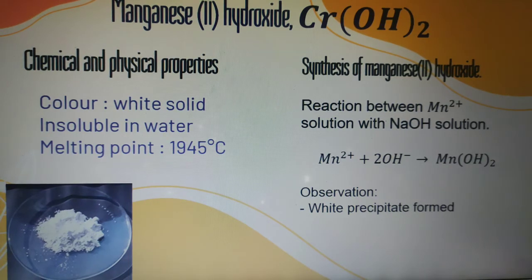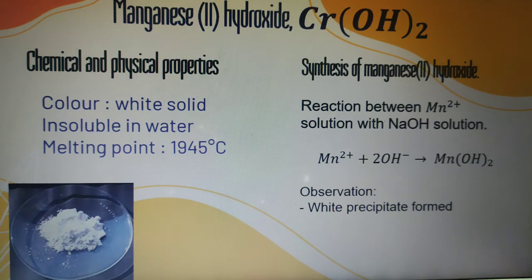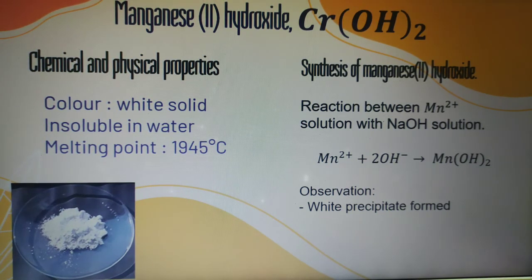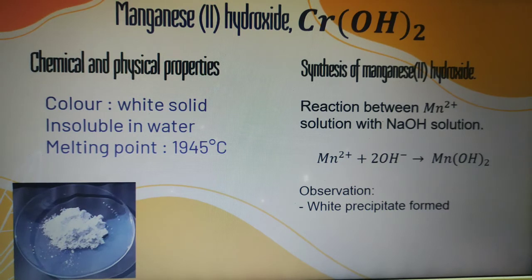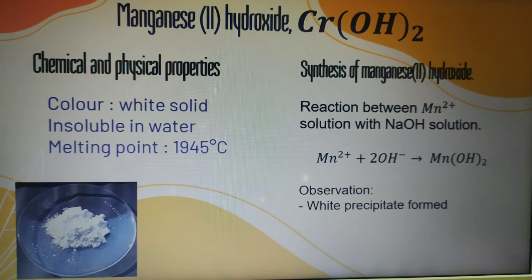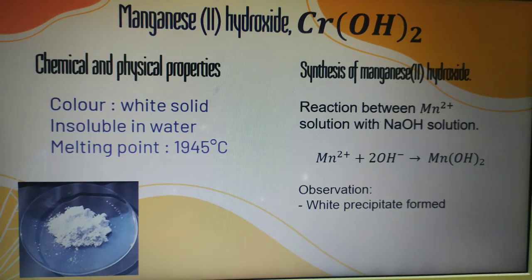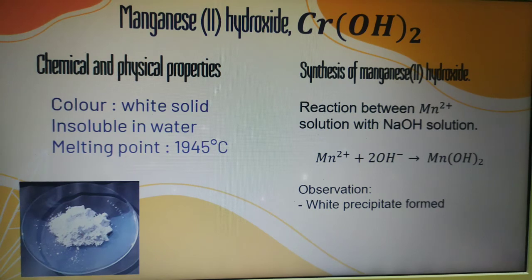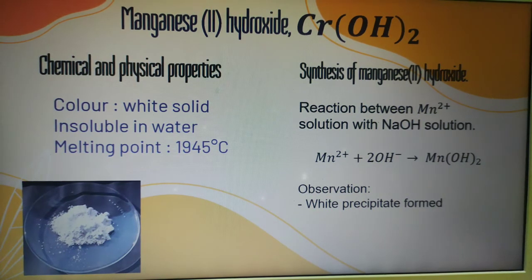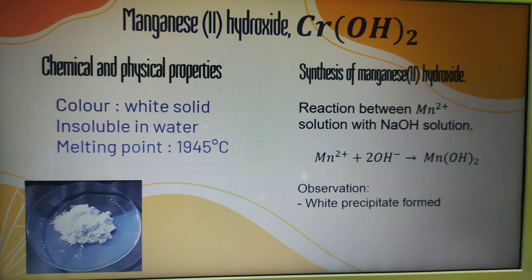In order to produce manganese 2 hydroxide, we need to react a manganese ion solution with sodium hydroxide. In this experiment, we can find that a white precipitate is formed, and this precipitate is the manganese 2 hydroxide.